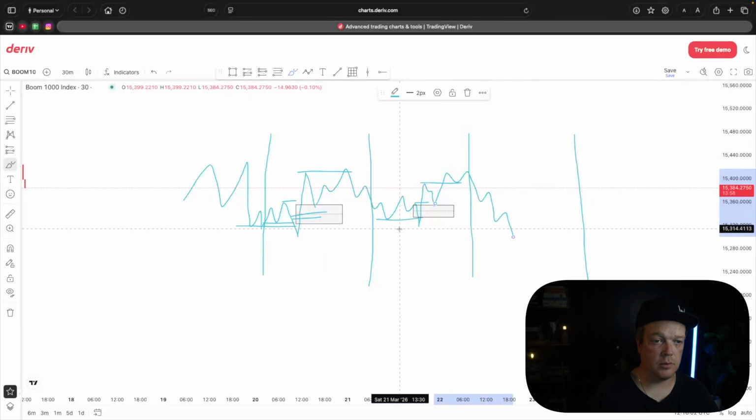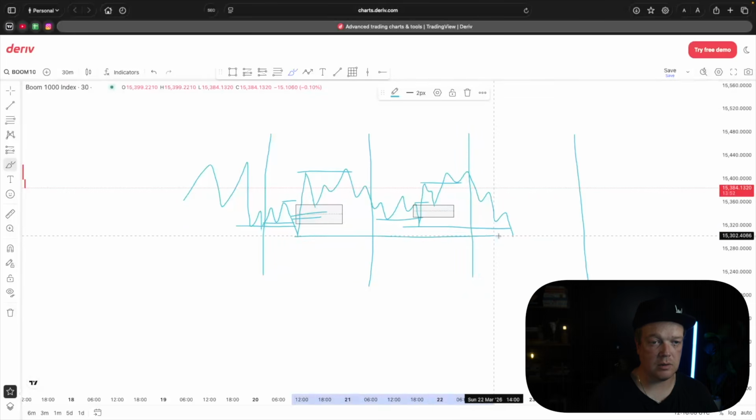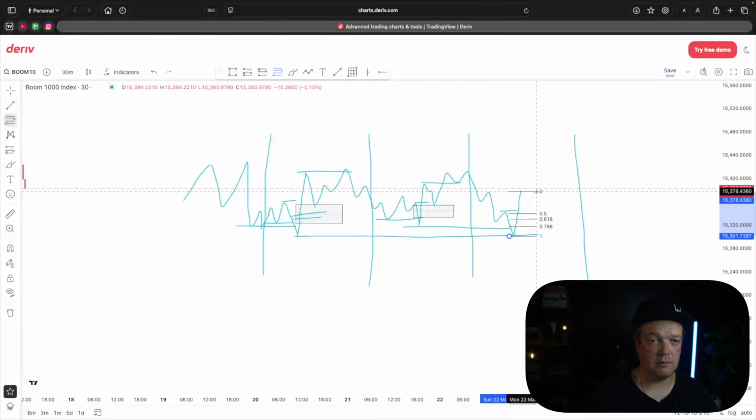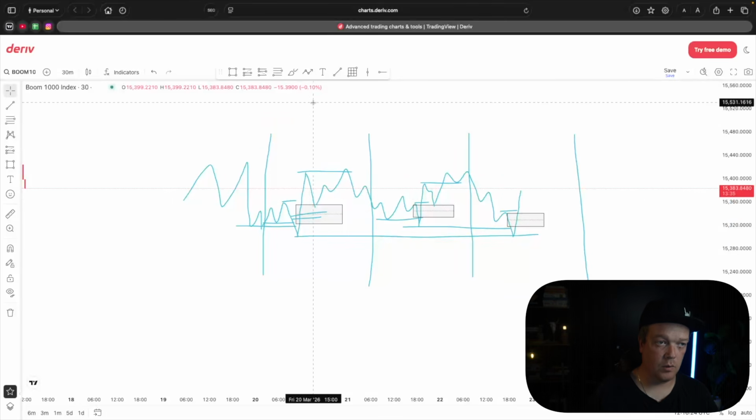So for example, we took previous day's lows, we took these lows, let's say we took these lows as well, mark out the high, price does this, then again we mark out our fib, we mark out our zone, we can delete the fib, then again we look for order blocks, fair value gaps and so forth.